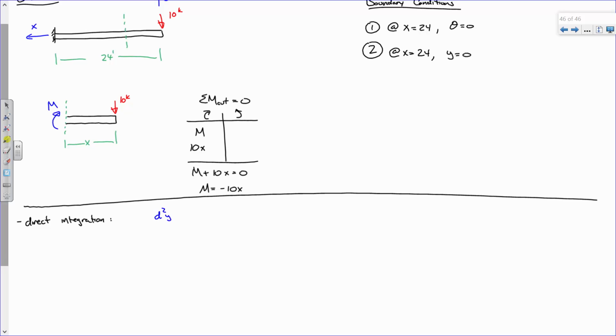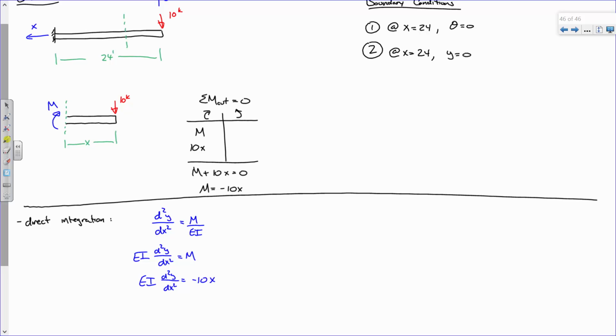We said the second derivative of deflection is M over EI. So EI times the second derivative is M, which in this case is minus 10x.